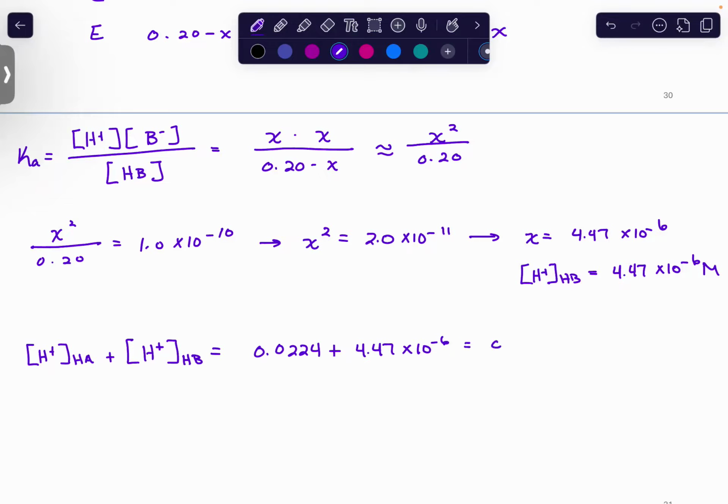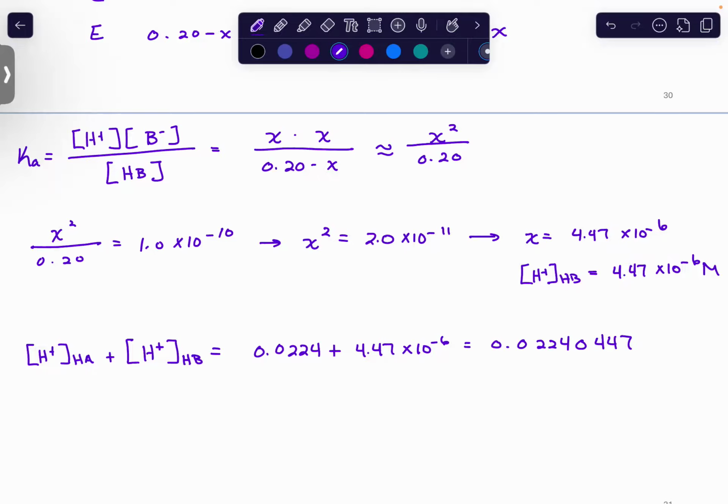And that's going to give us 0.0224047. So you notice that it doesn't change it at all, a very, very tiny bit. So you can guarantee that the acid HC is going to yield even less.